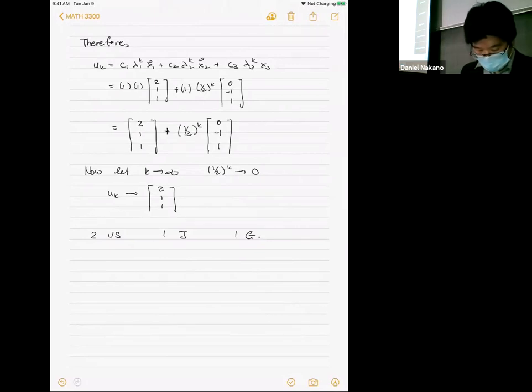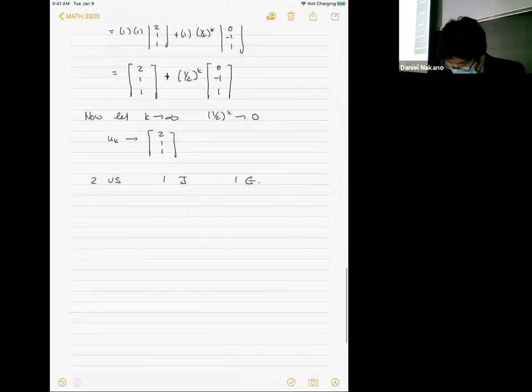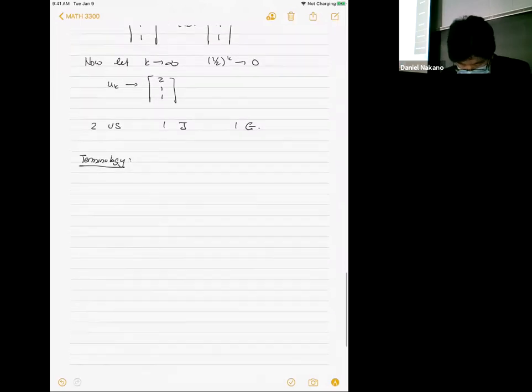So let me give you some terminology, since we did this example.